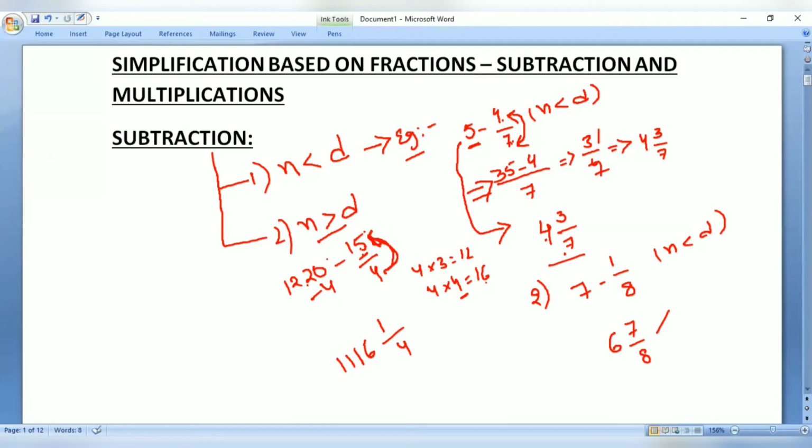This 4 is to be subtracted from the previous number. So in our case, 120 minus 4 becomes 116. Now 16, but the required value here is 15. So what is the difference? 1 by the denominator. Now let us see one more example to get more idea.